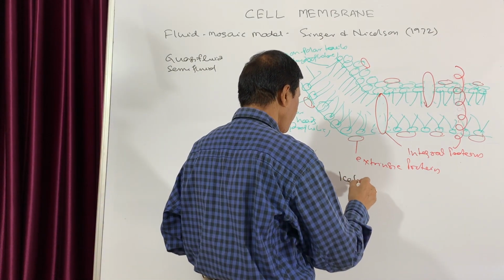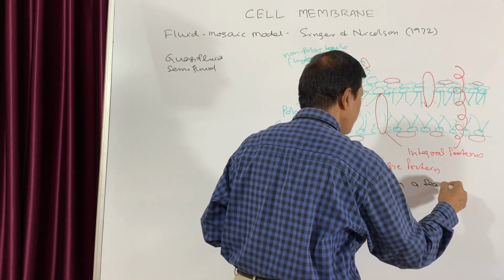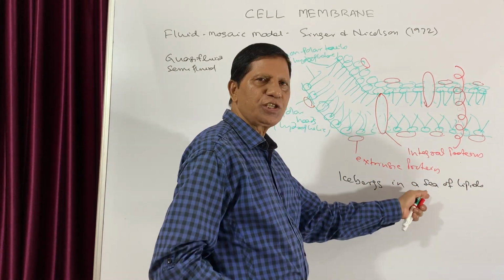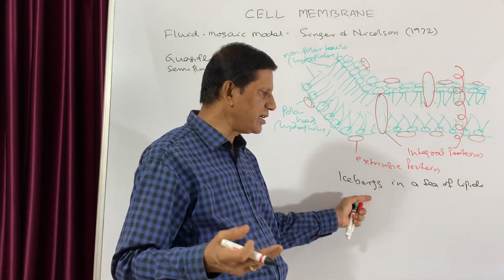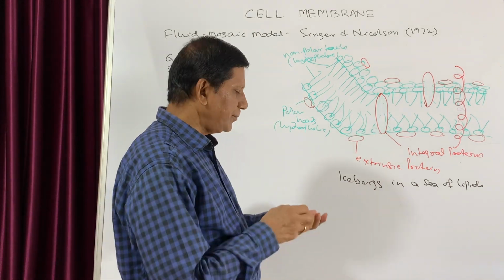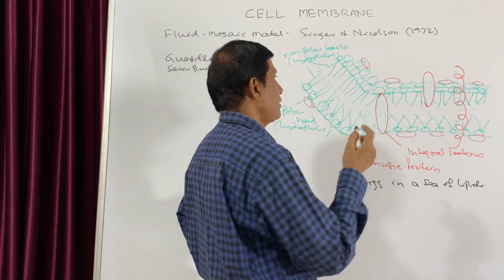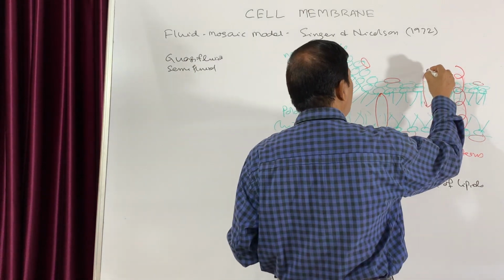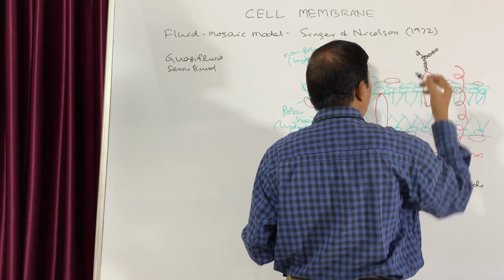Icebergs in a sea of lipids. That means if the lipid bilayer is equal to the sea, then the proteins are present just like the icebergs. As icebergs float in the sea, similarly the proteins float in the bilayer of phospholipids. Then in addition to this, some carbohydrate oligosaccharides may be attached to this protein, branched or unbranched.